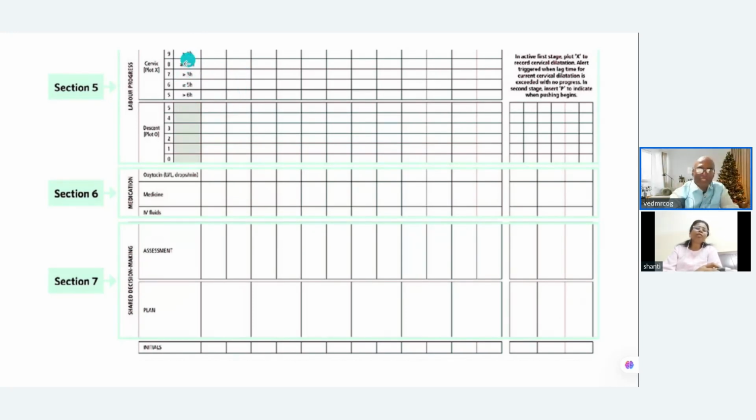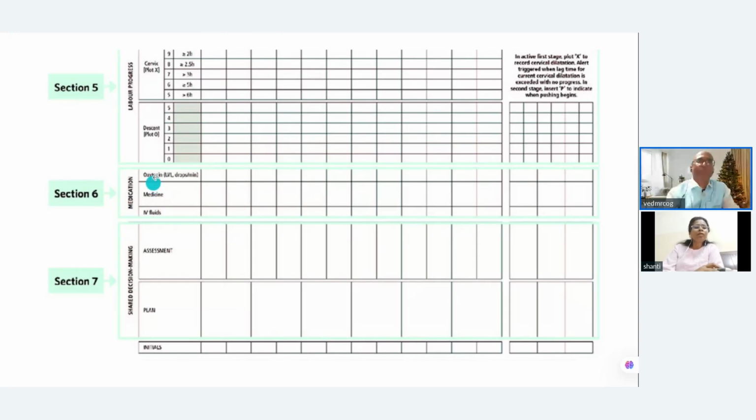That is why they have given this particular time. At 5 centimeter more than or equal to 6 hours, at 9 centimeter more than or equal to 2 hours. That is the time limit which they have given.